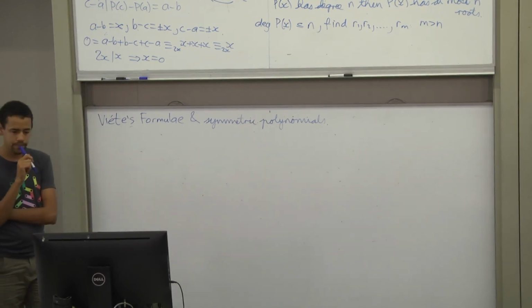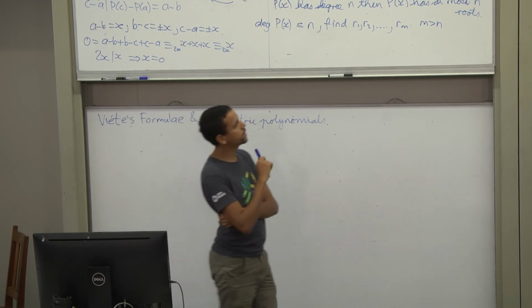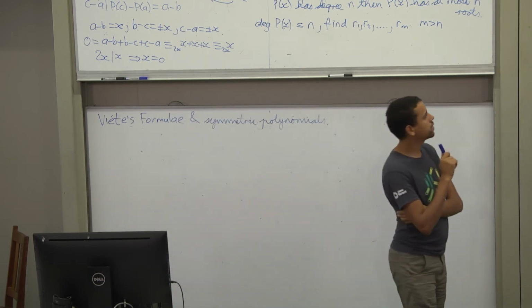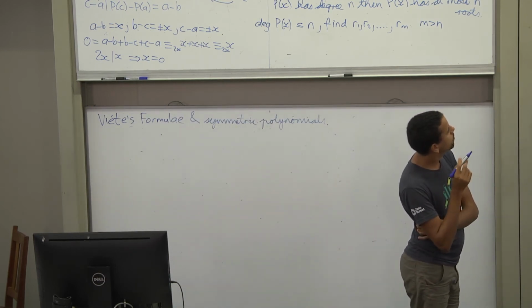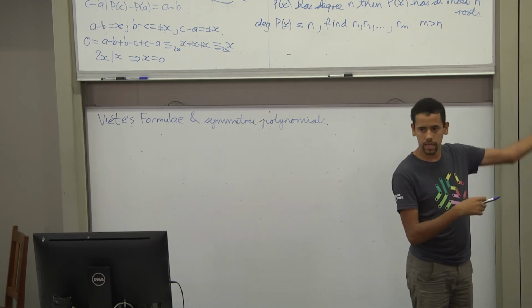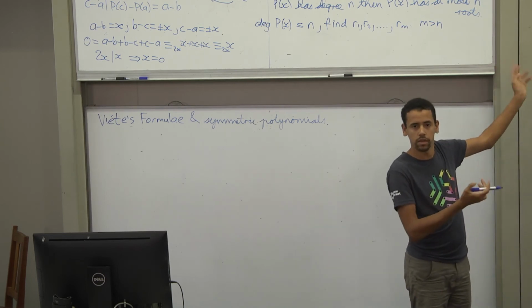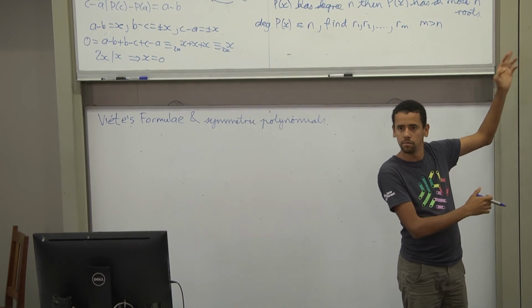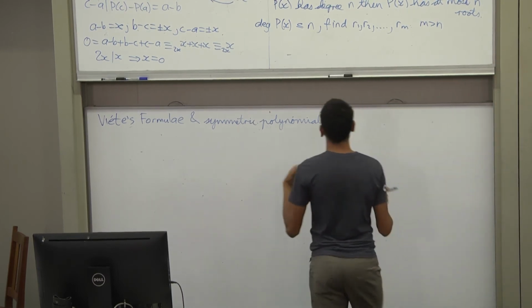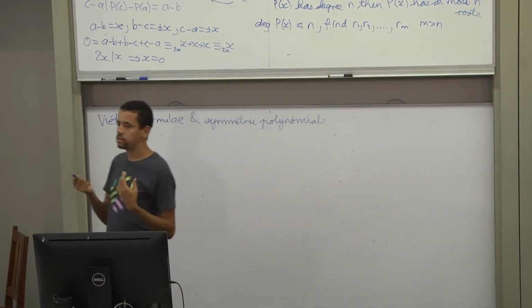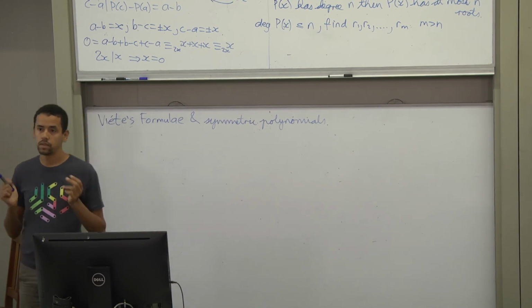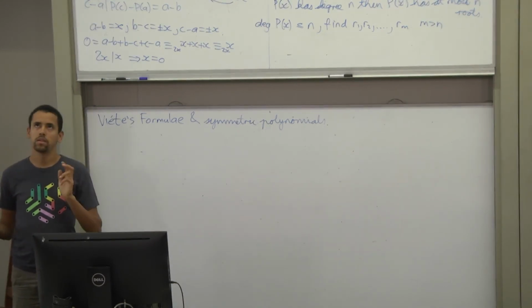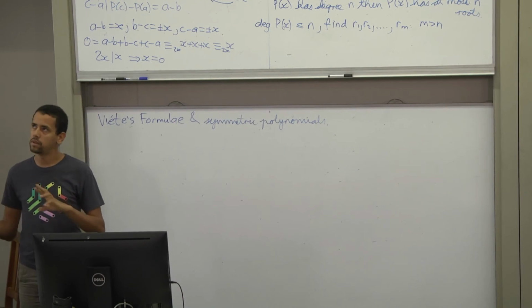So first of all, so far we've been doing polynomials with one variable. It doesn't matter what you call it, x, y, g, whatever. We can have polynomials with as many variables as we want. In fact, you can consider a ring of polynomials with infinitely many variables.